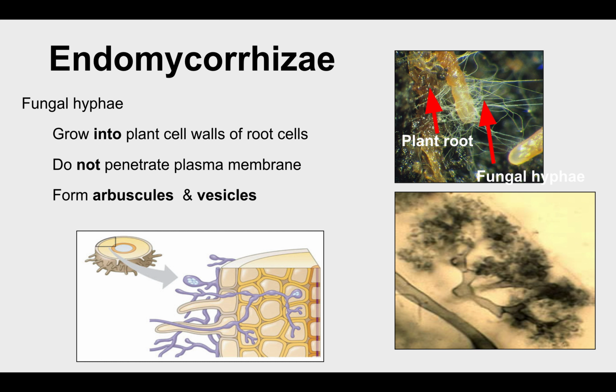But they will grow into the cell walls of a lot of the root cells. And they can form structures that are like clumps of fungal hyphae called arbuscules and vesicles. We can see some clumps of fungi here. We can also see some clumps of fungi in this nice image as well.